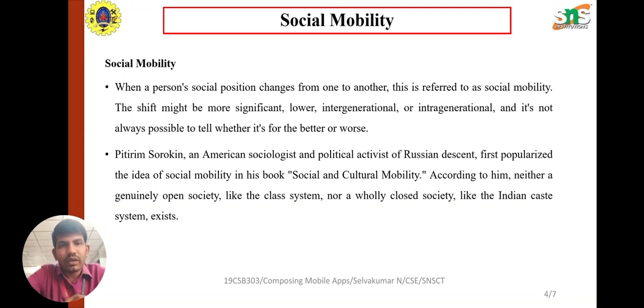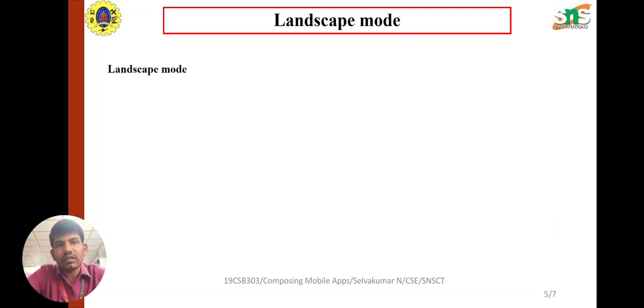Pitirim Sorokin, an American sociologist of Russian origin, first popularized the idea of social mobility in his book Social and Cultural Mobility. According to him, neither a genuinely open society nor a wholly closed society like the Indian caste system exists. So this is the landscape mode.